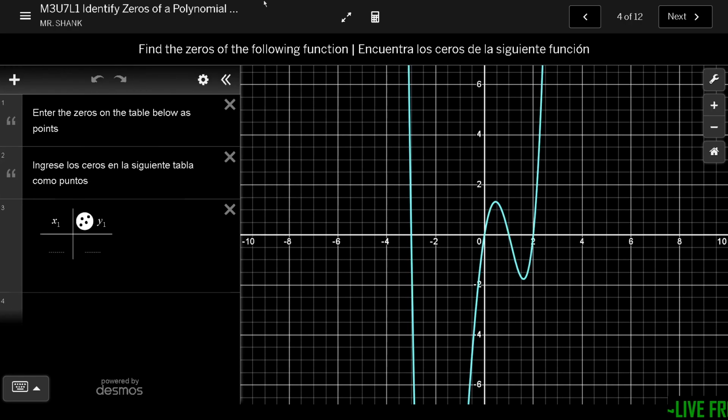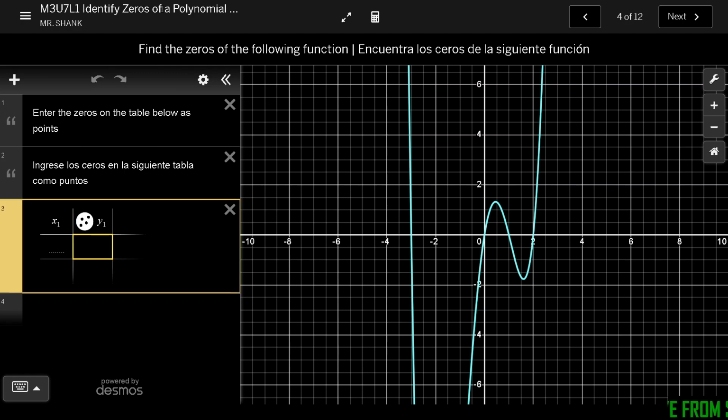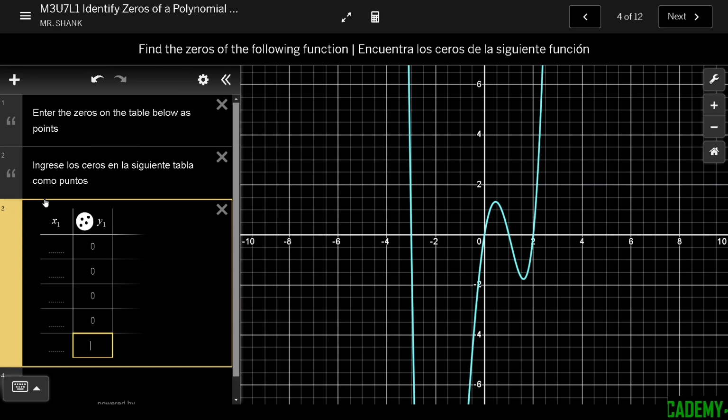All right, so now for the next part, it says enter the zeros in the table below. So what I can do is write those ordered pairs. So I can find and say, okay, well, where are those ordered pairs at? Well, what I'm going to do is trace along my curve and say, hey, it hits at 4 different places. So I have one point here, another point at the origin, another point at 1, and another point at 2. But for each of those, the y value is going to be 0. So I have 4 zeros on this curve because it goes through the x-axis 4 times.